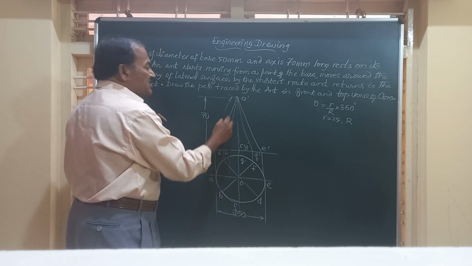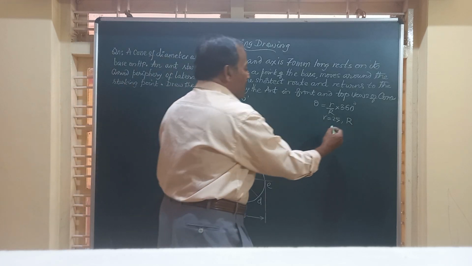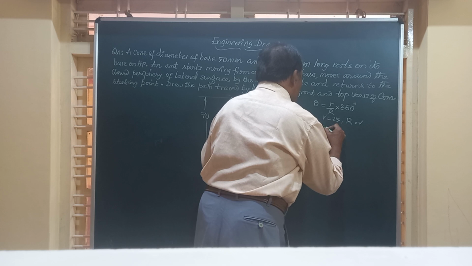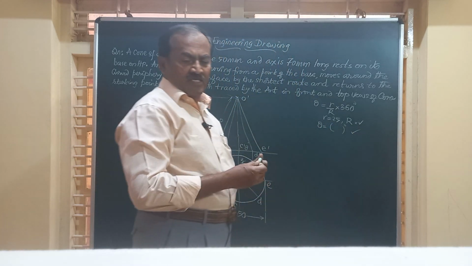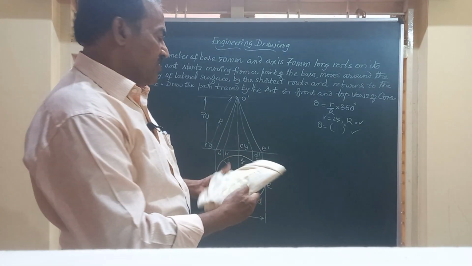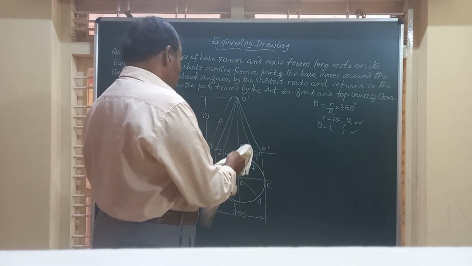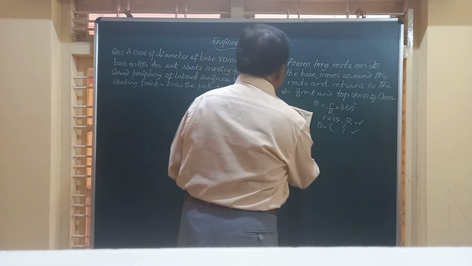Put the value of R, then you will get the value of theta. So you will get some degree. So we are going to get the subtended angle of the sector at O, the apex of the solid.